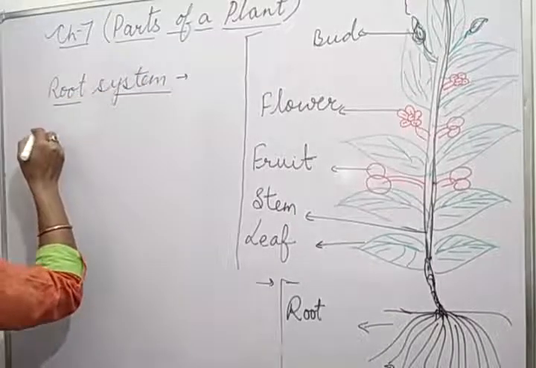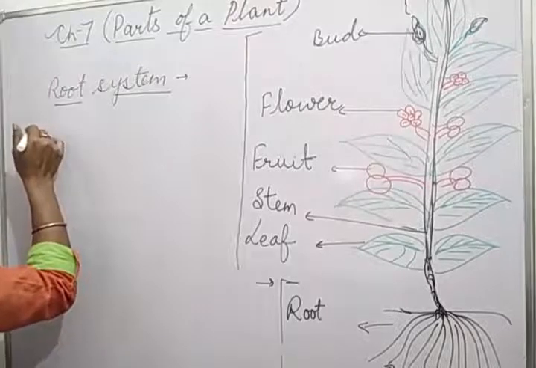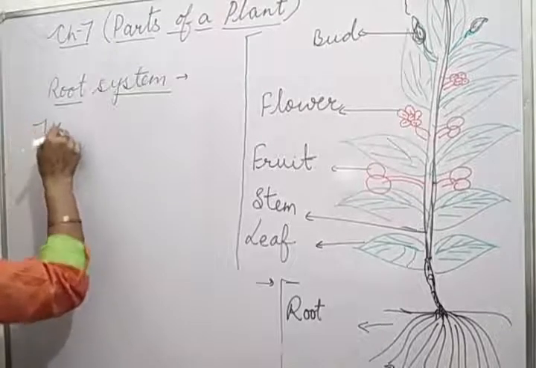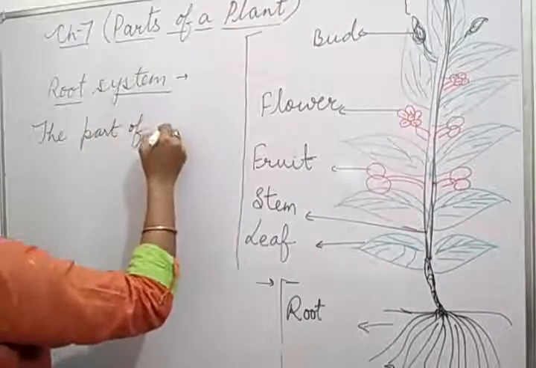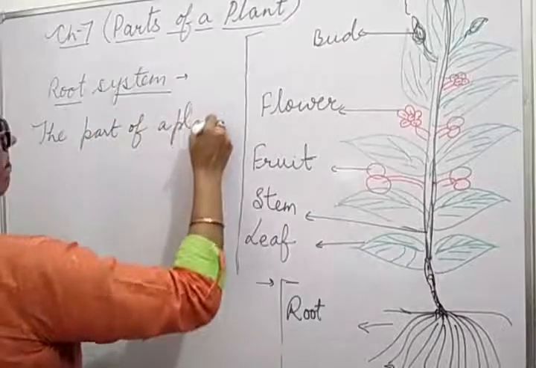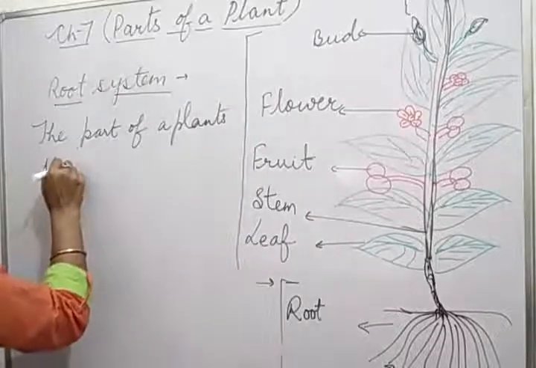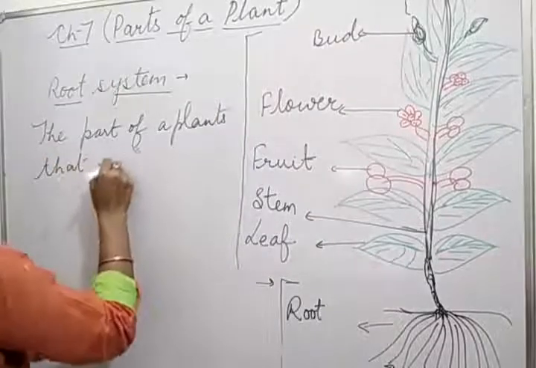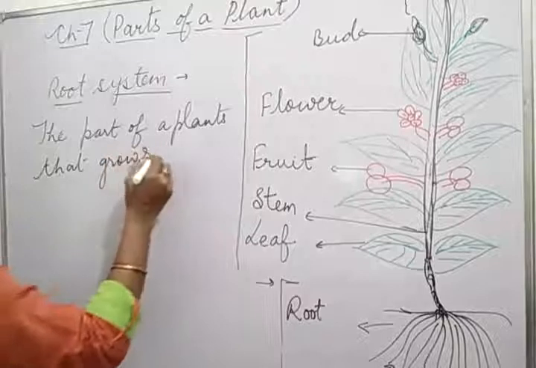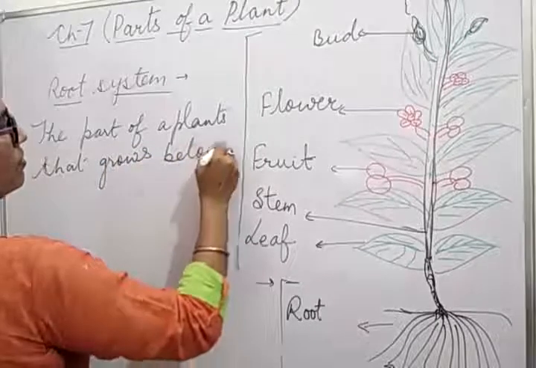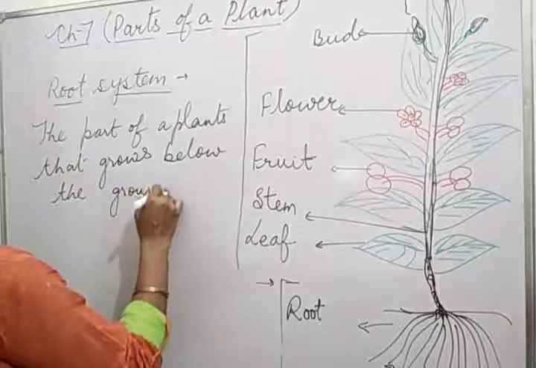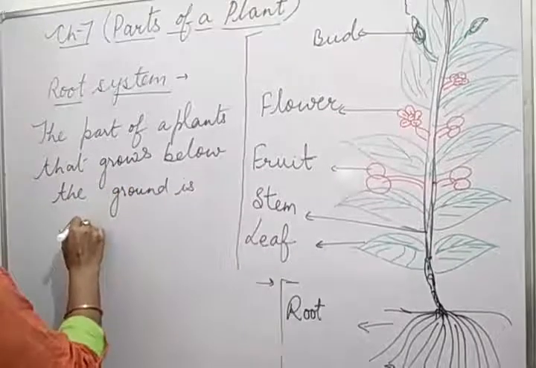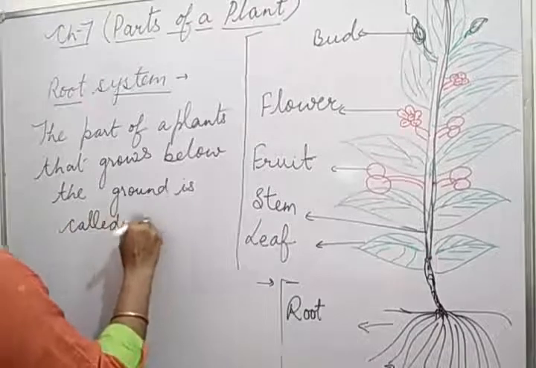So you can write here: the part of the plant that grows below the ground is called root system.